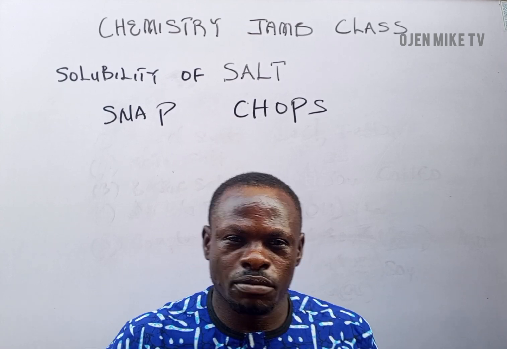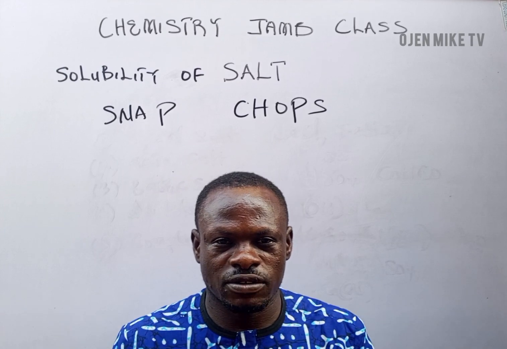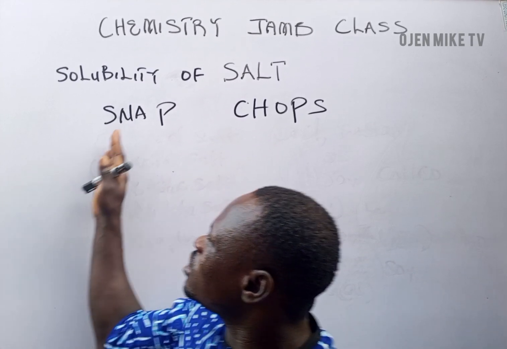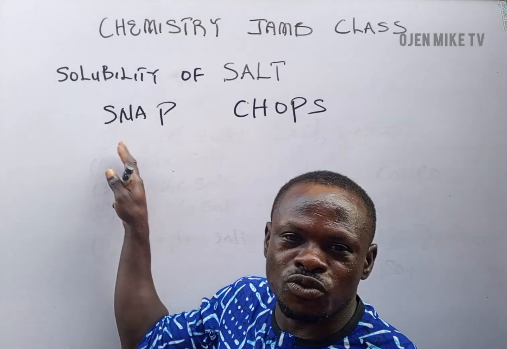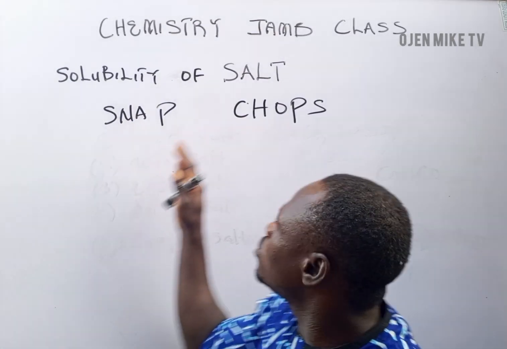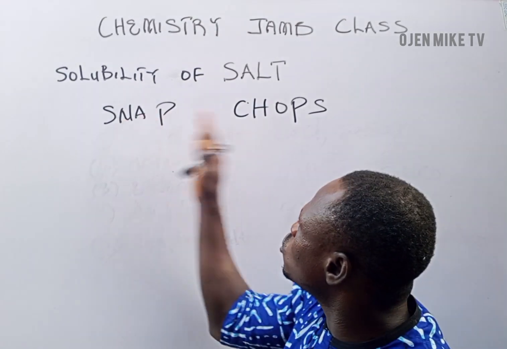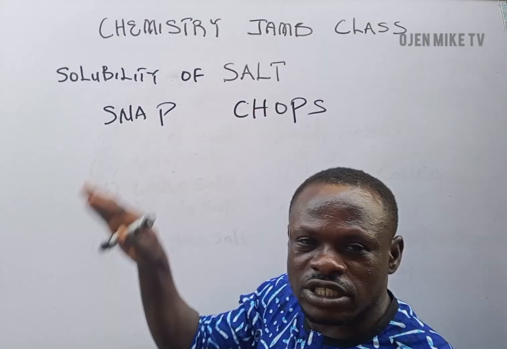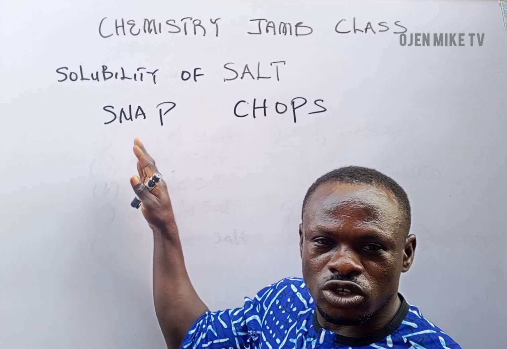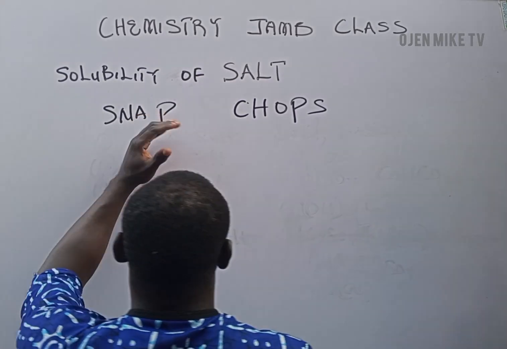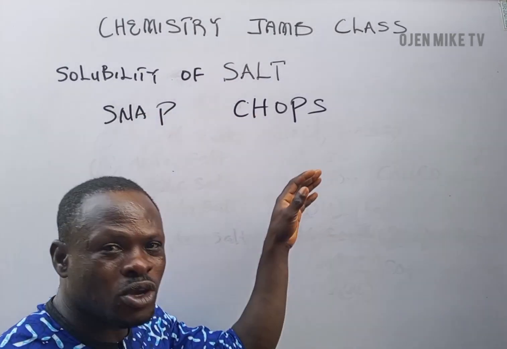To shop. Snapchat, snapshot. So snap here means salts that are what? Soluble. Shop here means salts that are what? Insoluble. So you just remove the chat away and take snapshot. By the time you remember this snapshot, you'll be able to know.